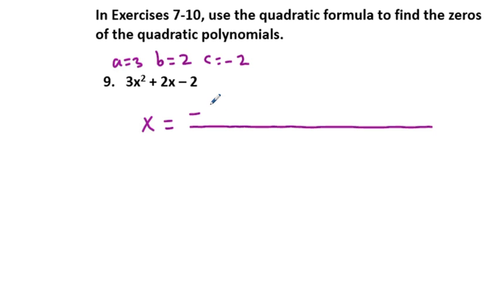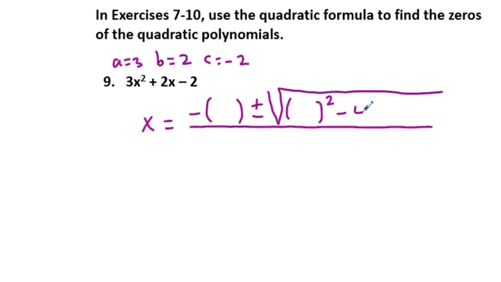we'll put -b plus or minus square root of parentheses squared minus 4 open parentheses over 2 open parentheses.